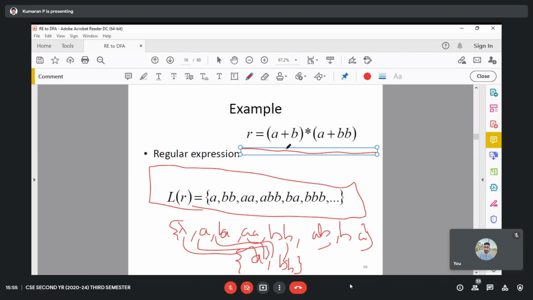Now I will ask someone: what is the minimum accepting string of this language? Minimum one string will be there. So what is the minimal accepting string of this language? Young engineers, come on.